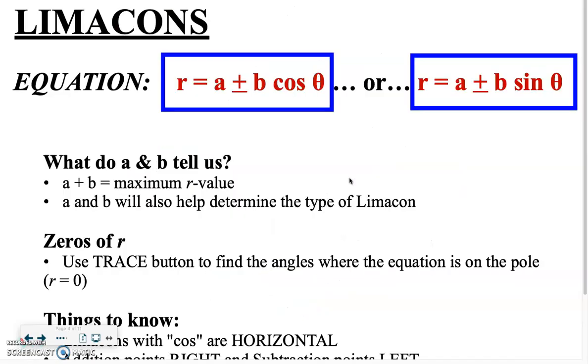That's important enough that I drew it up on the whiteboard, so we want to be able to point and reference back to this over and over throughout the next couple of days. So here are the limaçon equations. Couple things that we want you to notice. Number 1, you see the plus or minus symbol. I just didn't want to write 4 equations up there instead of 2.